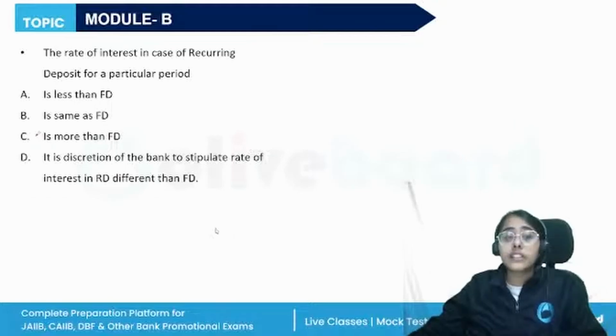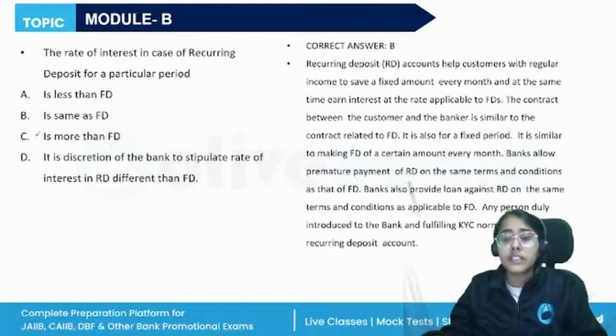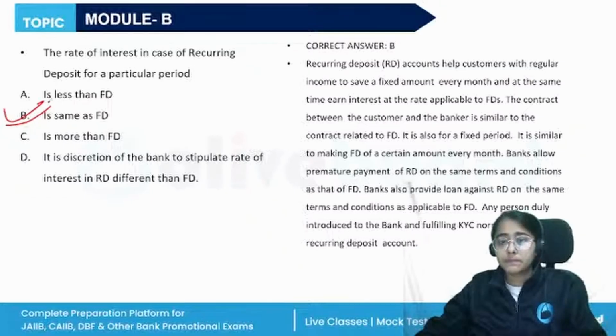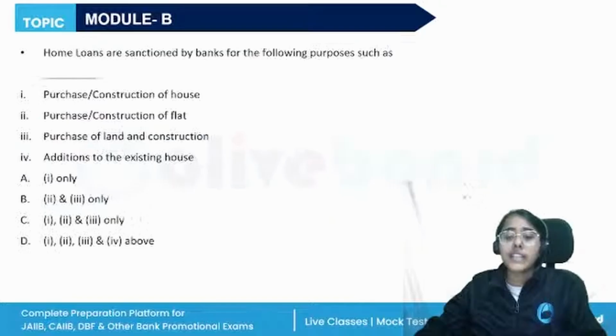So the rate of interest in the case of recurring deposit will be same as a fixed deposit, right? The banks also allow the premature payment of RD, and also give loan against RD. Any person complying with the KYC norms can open a recurring deposit account.